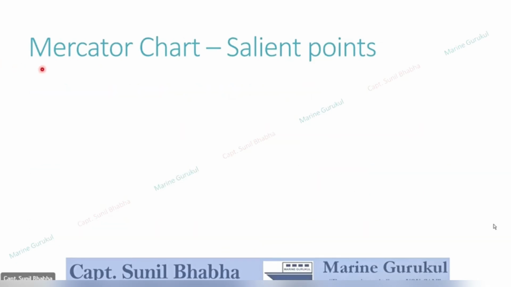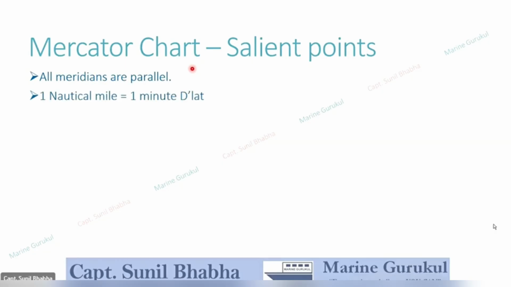Now before we go into the actual procedure of plotting, let us refresh some features of Mercator charts so that we are clear about how to make a small portion of this chart on our answer sheet. Now on a Mercator chart, all the meridians are parallel and 1 nautical mile is equal to 1 minute of latitude.